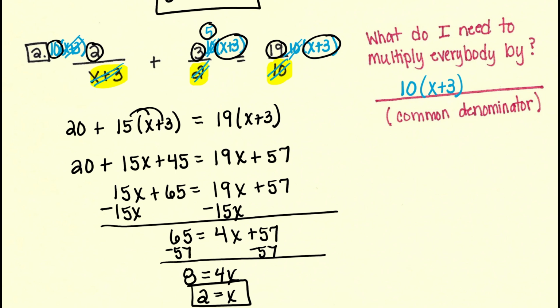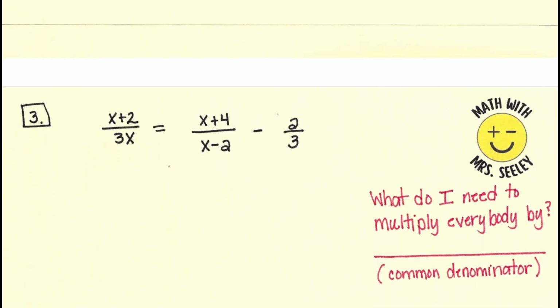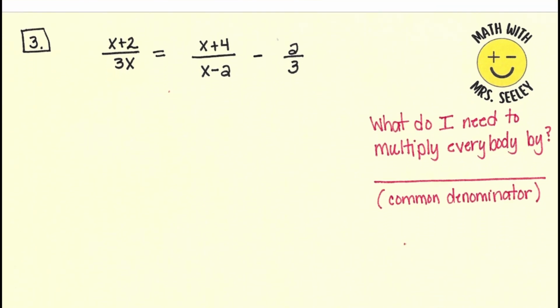Okay, let's look at problem number 3. On problem number 3, the first thing we're going to do is look at our denominators, see what we've got, so that we know what we need to be able to accommodate.